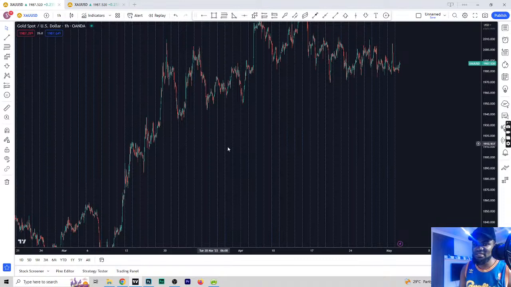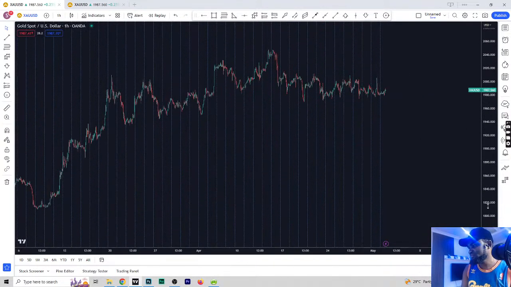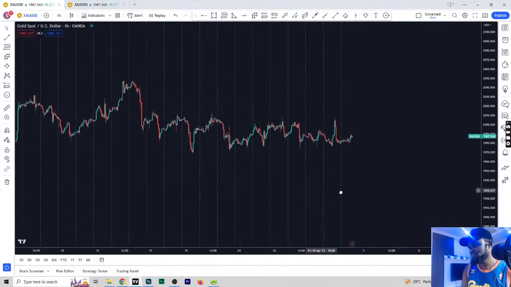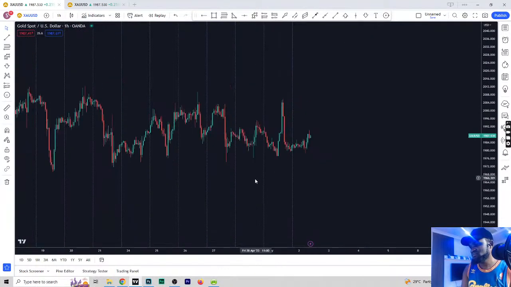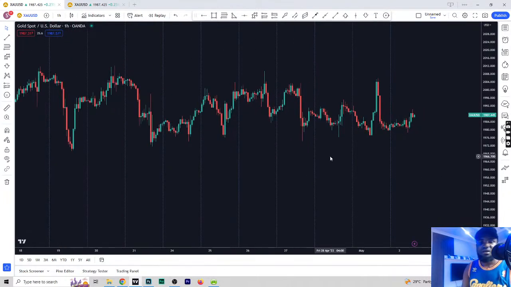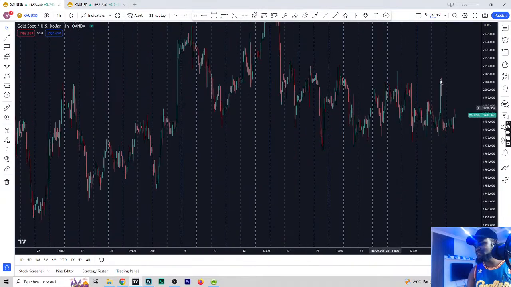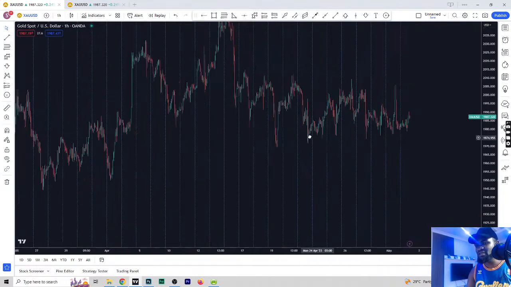So let's see how this is operating. And sometimes if you don't see the triangle in a clear way, just go to a smaller time frame. There you can see it very nicely.